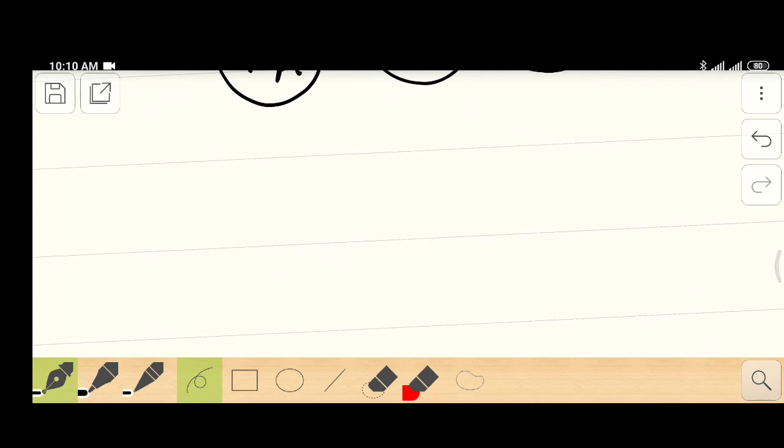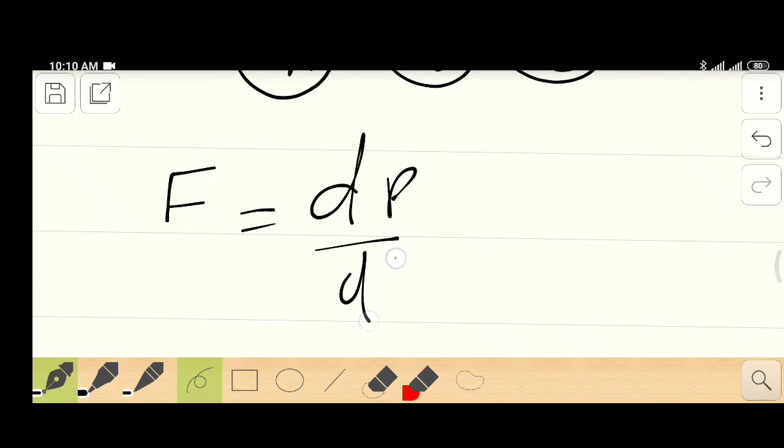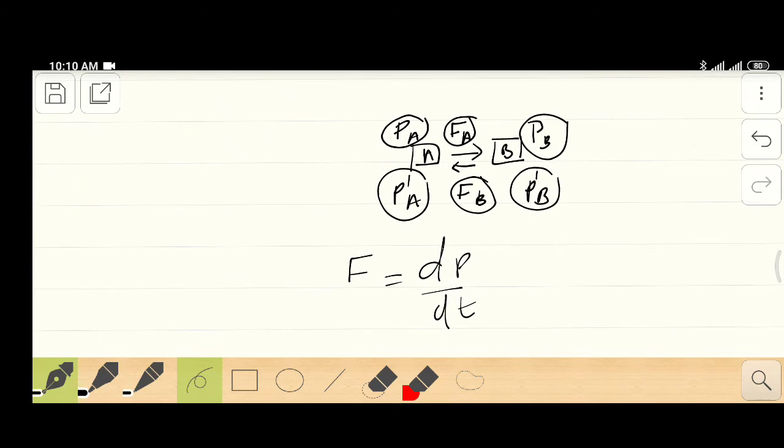Now you know that F is equal to dP by dt, the rate of change of momentum with respect to time. So if you are considering body A, the force exerted will be equal to the change in momentum divided by time t, if you take the time of collision as t.